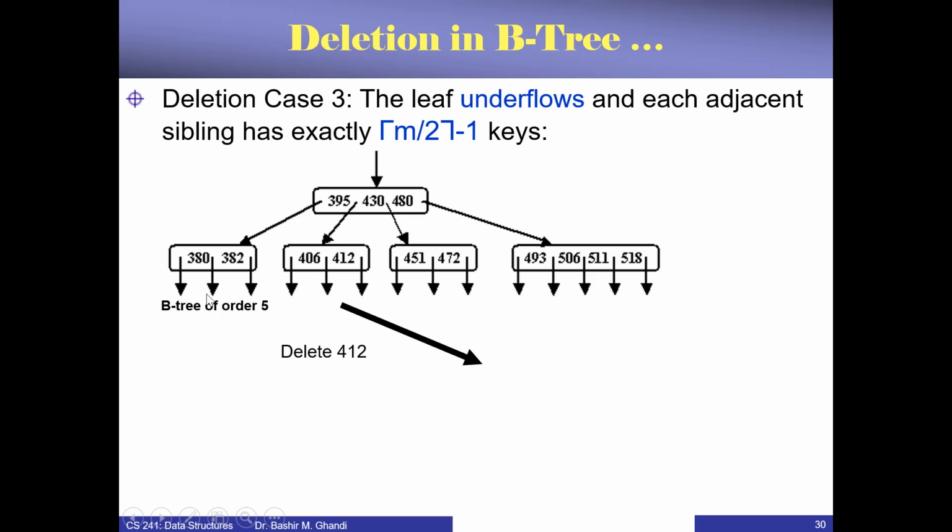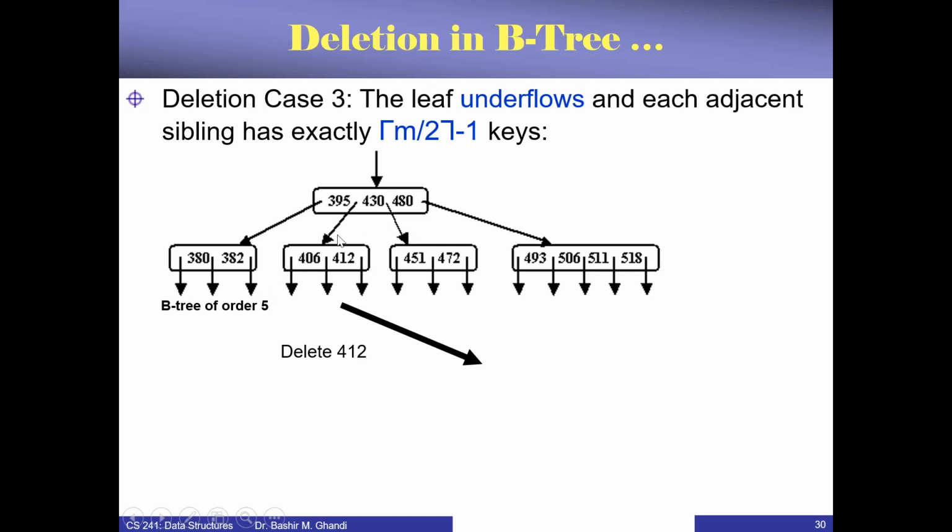And in merging, as I said, you have two options. You can merge this node, which will underflow, along with the left sibling, along with the common parent 395. So they will form one merge node. Or you could do it with the right sibling.